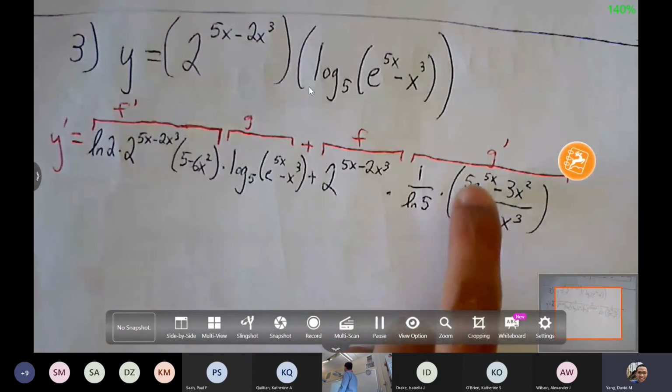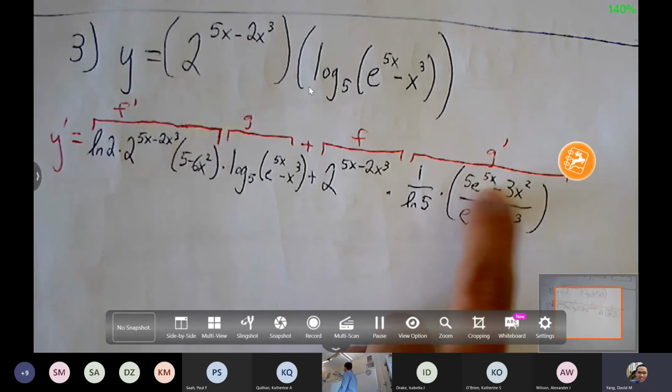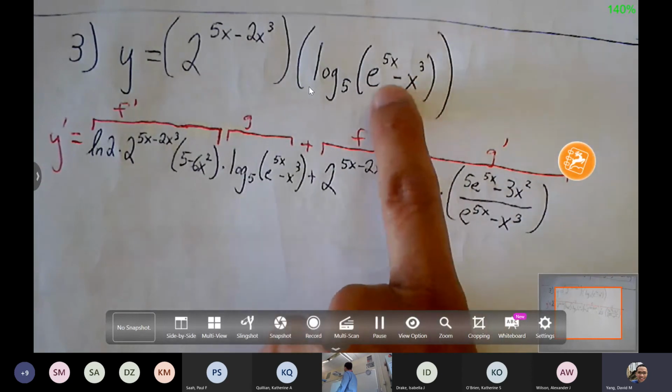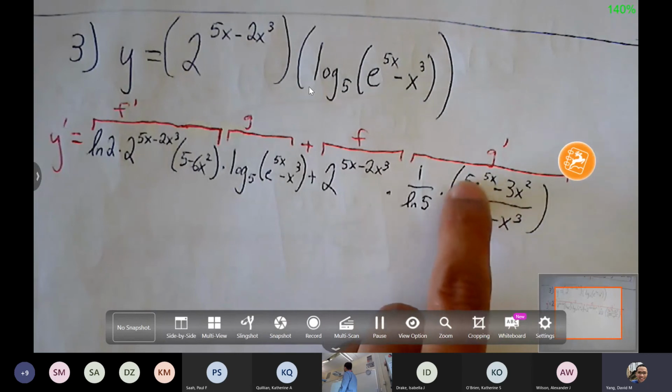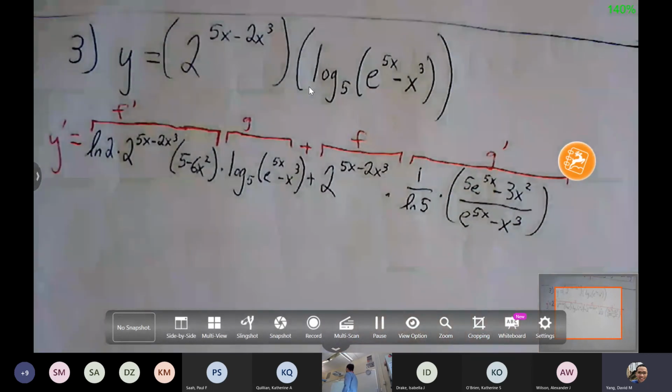Looks a lot like the natural log of u rule. But within my u prime, I have to find the derivative of each of these terms, and the rule for e to the u is e to the u times u prime, so it's e to the 5x times 5. So we're just following along the rule, right? If you can match the parts of the rule, you're just doing whatever the rule tells you to.